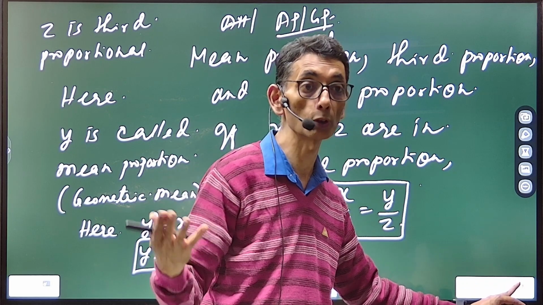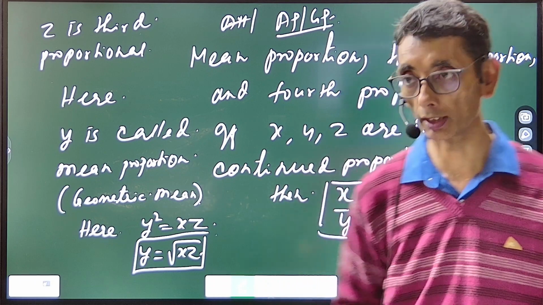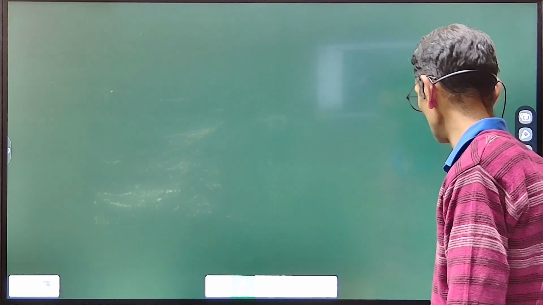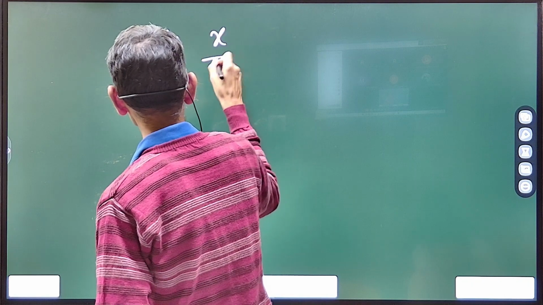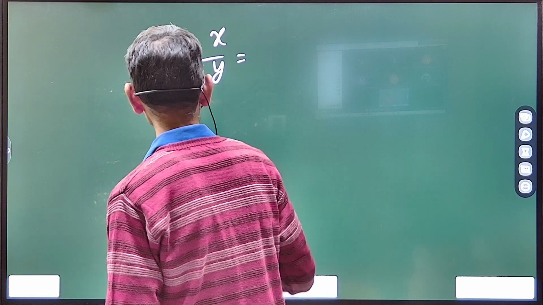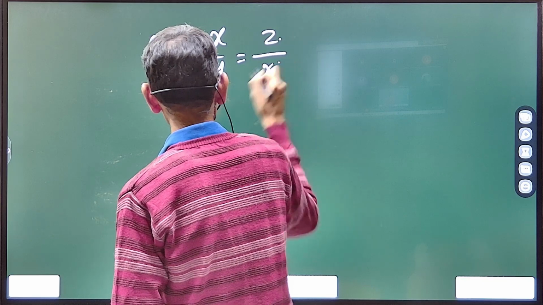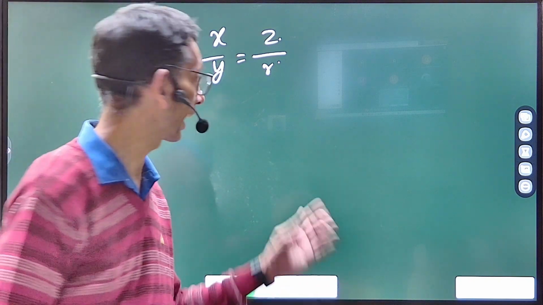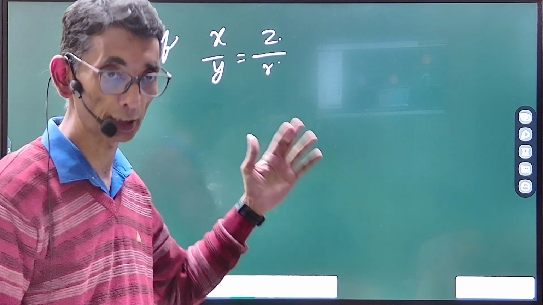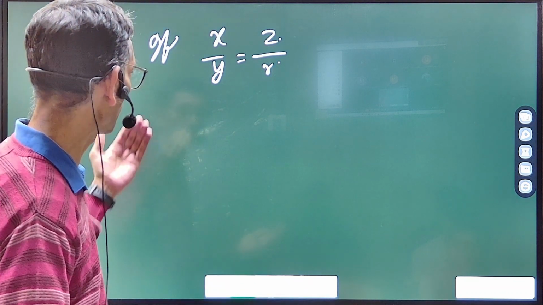But what is the fourth proportion? For the fourth proportion, if X by Y equals Z by R, all four numbers are different. That means X, Y, Z are in proportion.